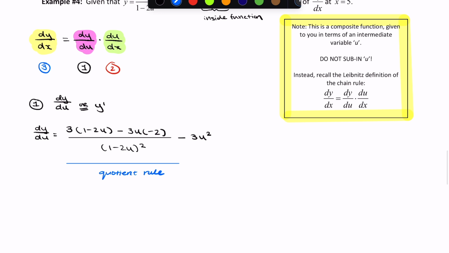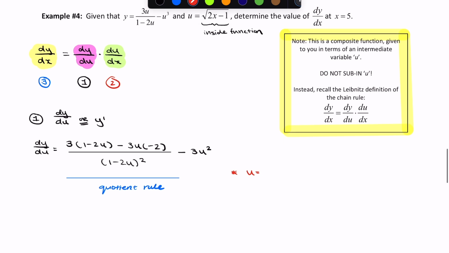Here, we know that u is equal to the square root of 2x minus 1. If we sub in x is equal to 5, u at 5 is equal to the square root of 2 times 5 minus 1, which is the square root of 9, which is equal to 3.